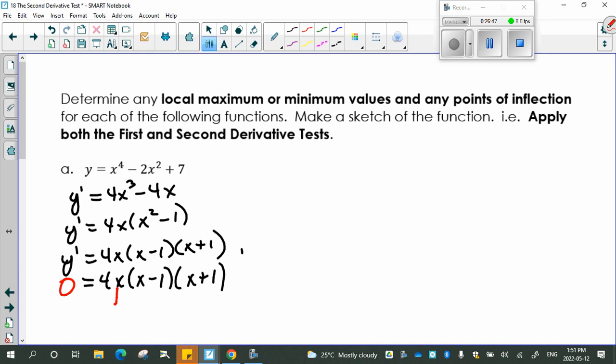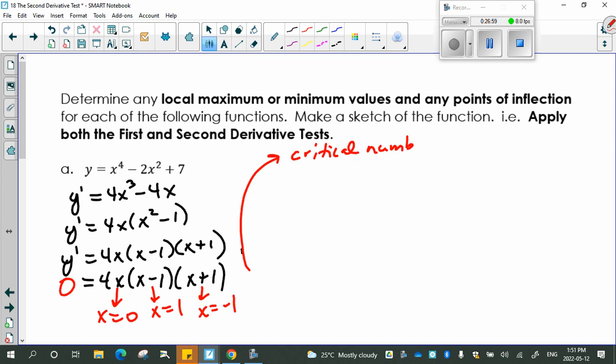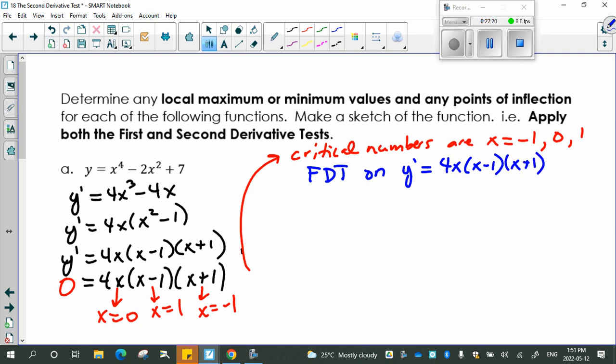And now you get your critical values. So -1, I like to put them in order from smallest to biggest. And now I'm going to do the first derivative test on y prime equals 4x times x minus 1 times x plus 1.